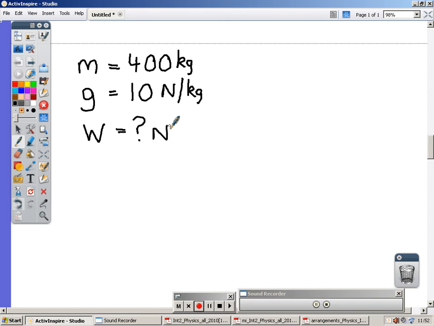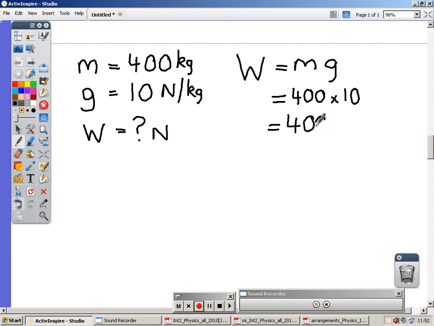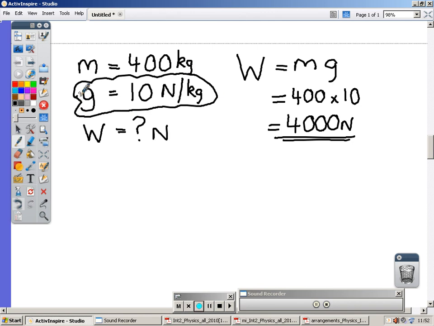Again, when we go to our formula book, it tells us that W equals m times g, which is 400 times 10 is 4,000 newtons. And this information can be found at the front of the exam paper, if you're wondering where I got it from.